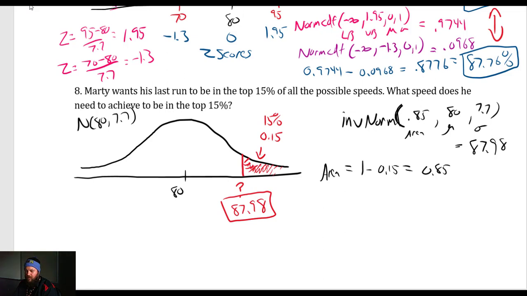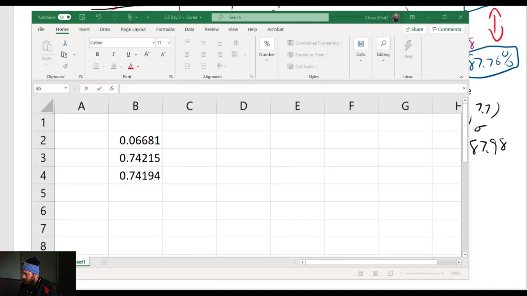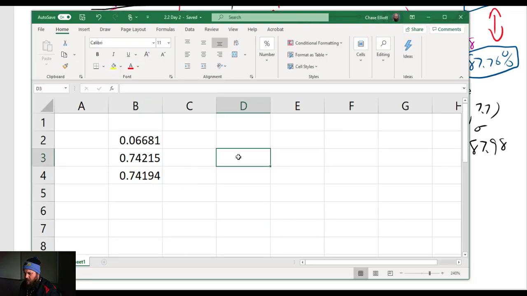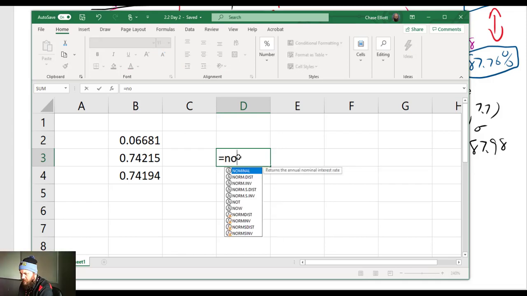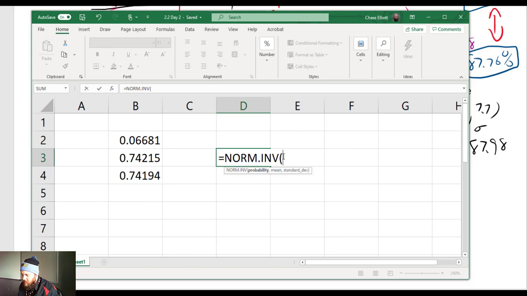So let's see how it works out on the spreadsheet. For the spreadsheet, let's go into the D column. We'll say equals norm.inv for inverse. It wants the probability, so I'm going to say 0.85.